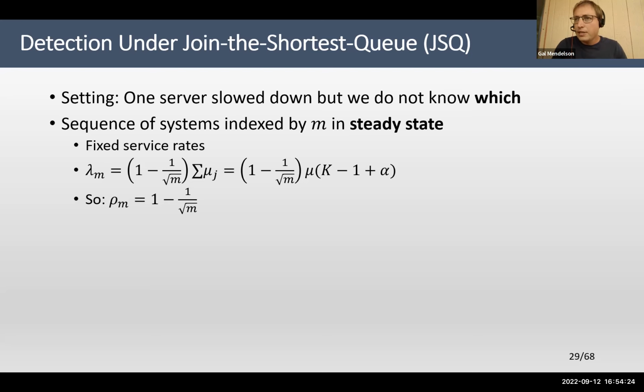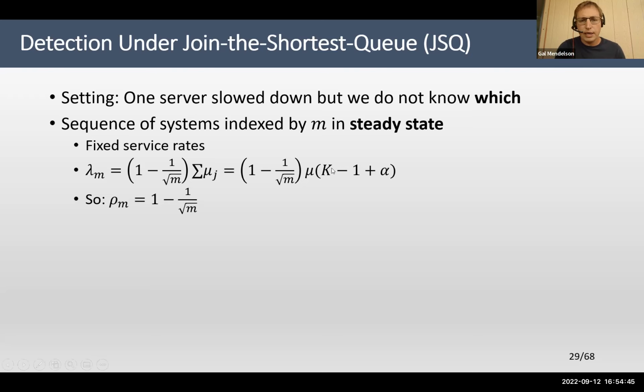Second thing is that if the load is very low and you don't have many jobs in the system, you don't have data to begin with to do any inference anyway. So analyzing these systems in moderate to heavy traffic makes a lot of sense to get insights on what we want.